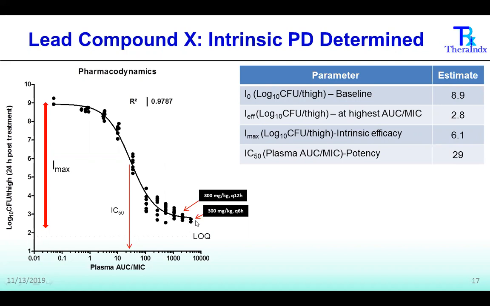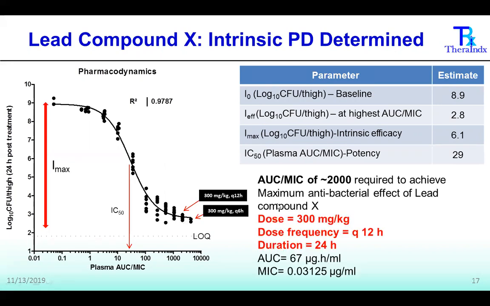That is to say, this dose is not very different from this. So the conclusion from this experiment is that an AUC by MIC of 2000 is required to achieve maximum antibacterial effect for the lead compound X.